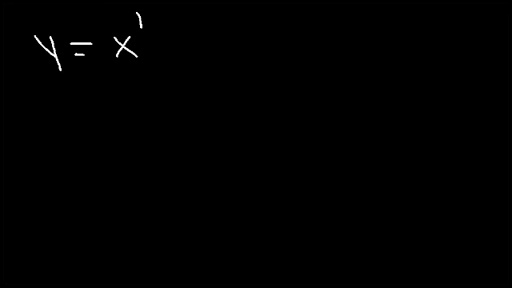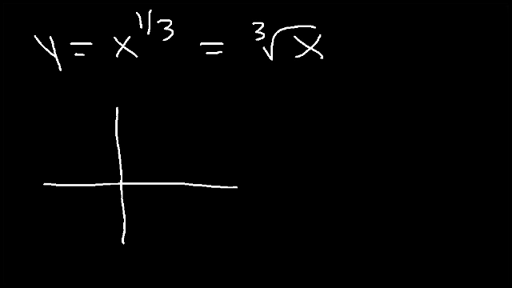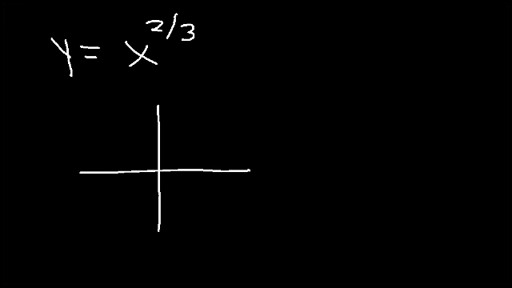Now, if you see this function, x raised to the 1/3, which is equivalent to the cube root of x, this function does not have an absolute minimum or an absolute maximum function. However, if it's an even function, if it's x to the 2/3, this function is a cusp.